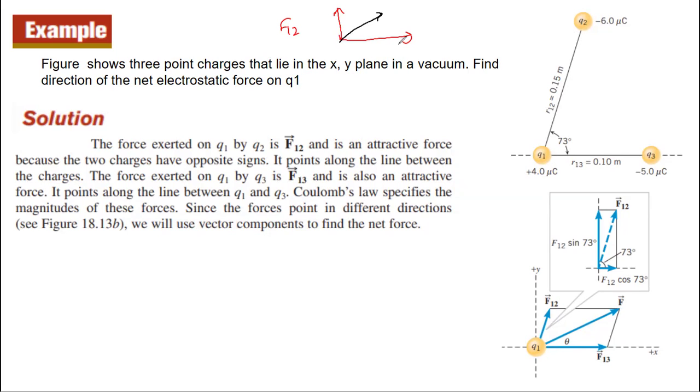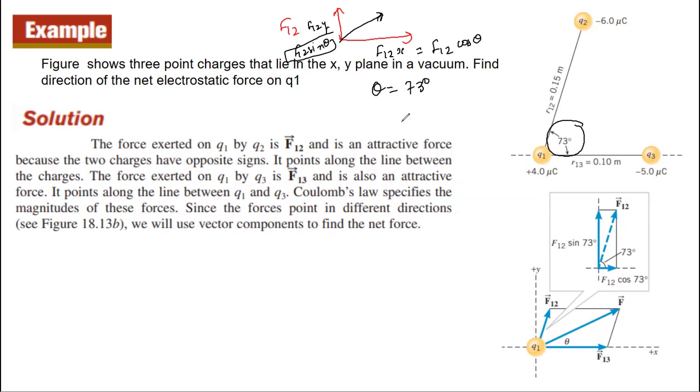So from your prior knowledge, we must be knowing that if there is a vector like this, then it has some x component and some y component. So I will say that I have F12 in the x-axis, right? Which I can say, let's say like this, and then I have F12 in the y direction. So is it okay to write F12 cos of theta as my x component and F12 sine of theta as my y component, right? Theta is given to me. What is theta? Theta is 73 degrees.